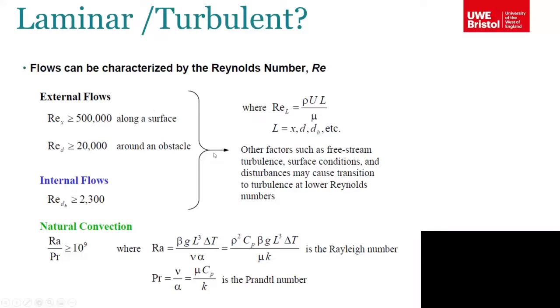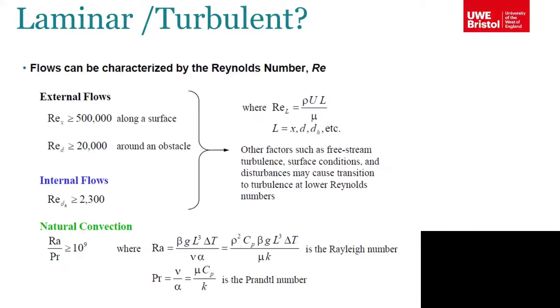And if it is around an obstacle, it should be lower, because suppose you have a smooth flat surface. The flow will stay laminar for a very long time. But if you have an obstacle, just because of the obstacle, the flow will become turbulent.